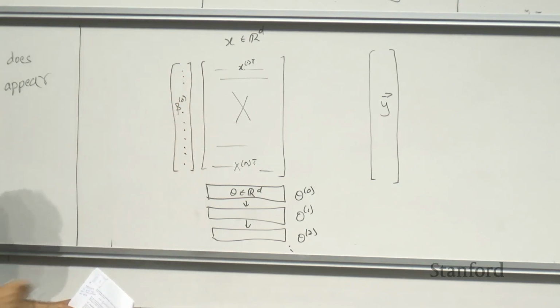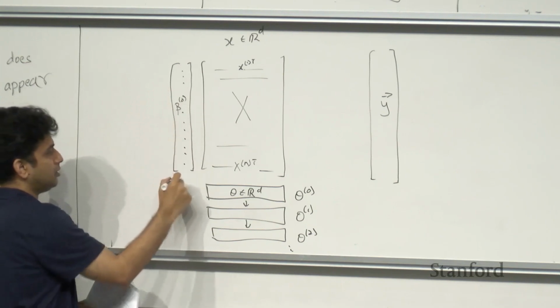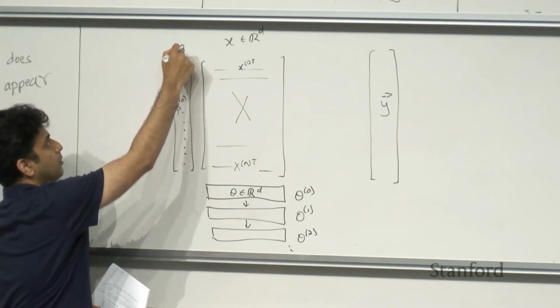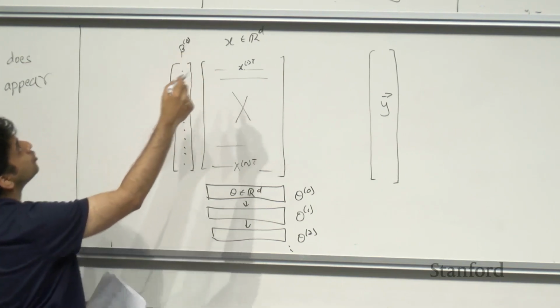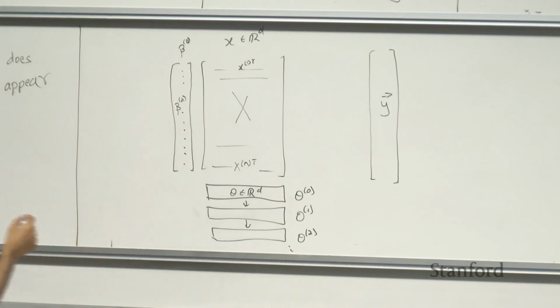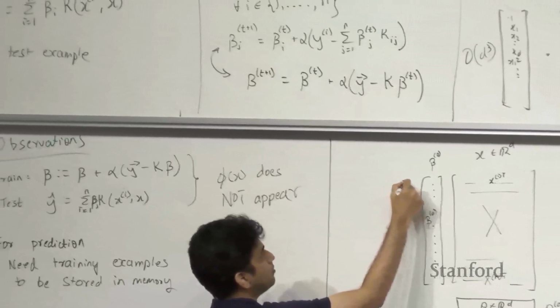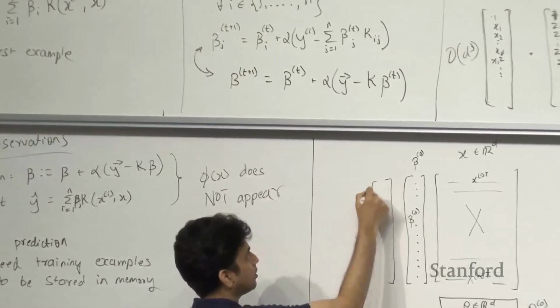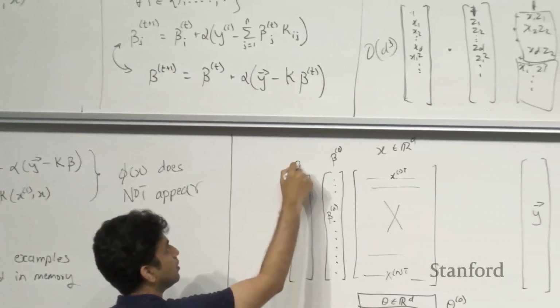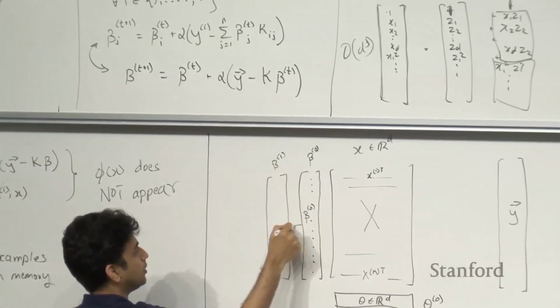Right? And each theta, so say this was beta 0, and using our algorithm over here, we would get beta 1, right?